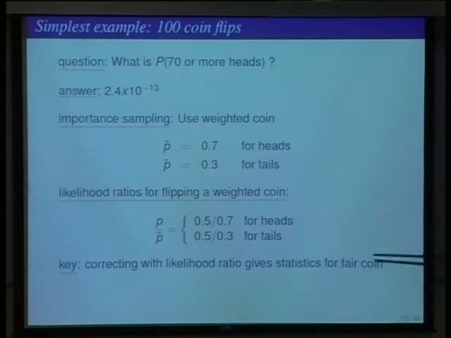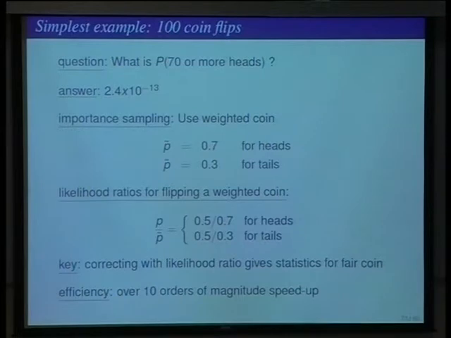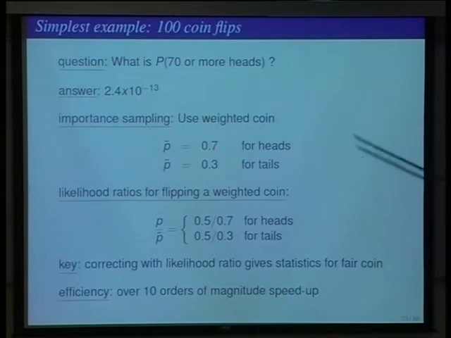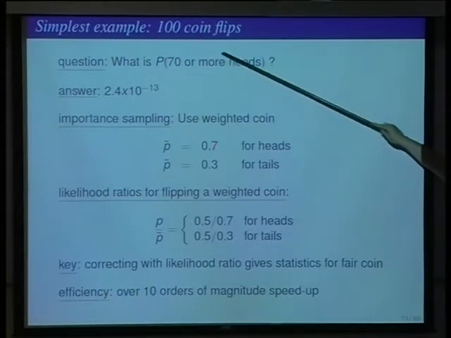So correcting with the likelihood ratio gives us statistics for a fair coin. We could speed up a simulation by more than 10 orders of magnitude. Part of the reason we could do that so well is because we knew what this bias distribution should be optimally. It really looks just like the problem we want to do.